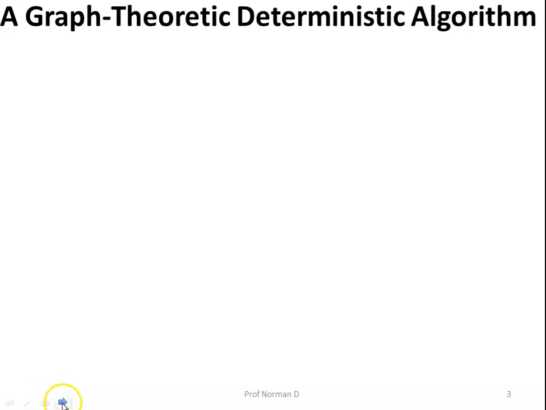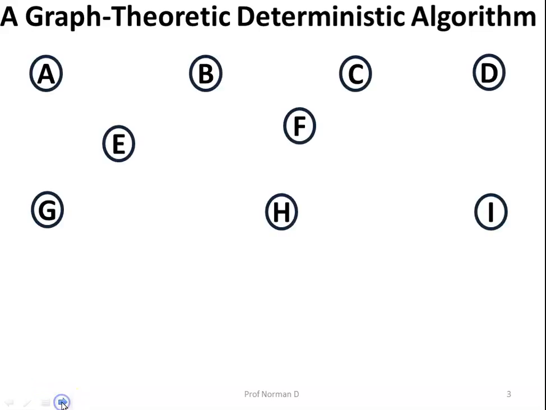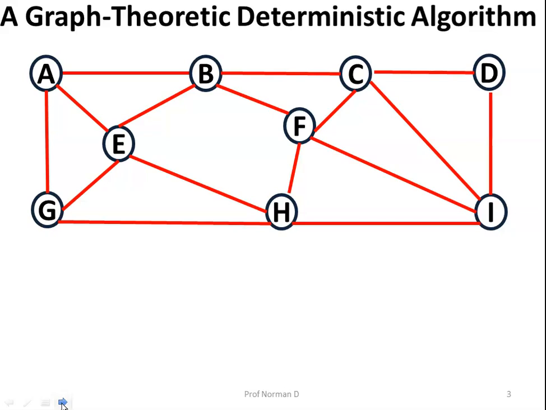Let's understand this algorithm. Now here, each vertex represents a process. In total, we have 9 processes: A, B, C, D, E, F, G, H and I. An arc between two vertexes indicates how much two processes are communicating between each other.